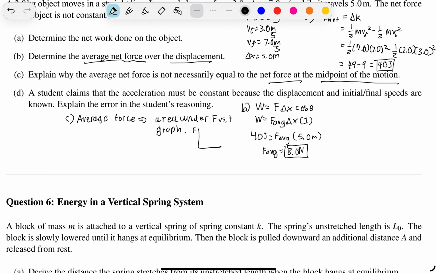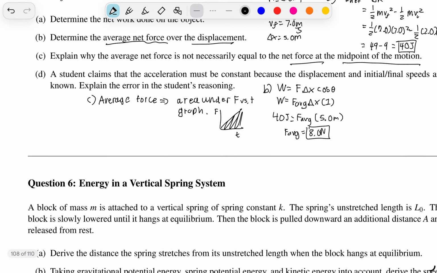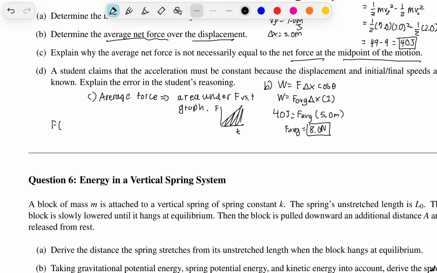So force, time, that's the area underneath. However, when you have the force at a midpoint, this is going to be just one value, aka the midpoint right here.